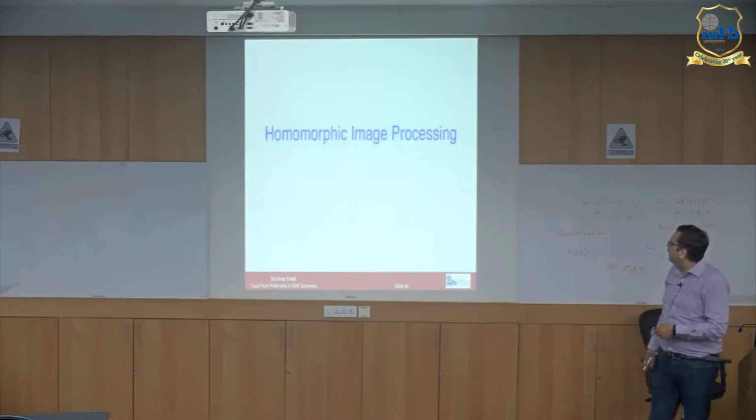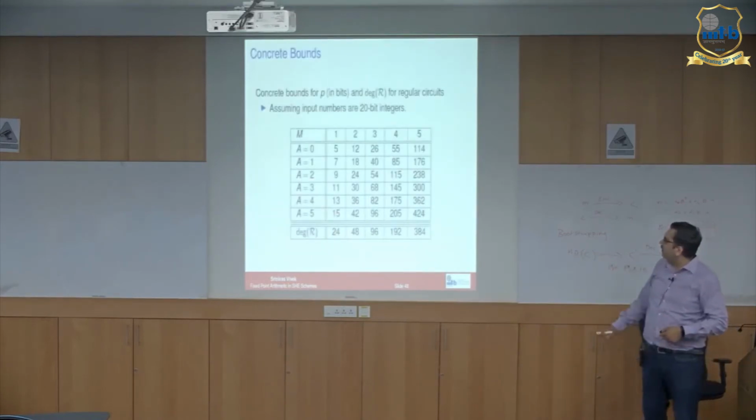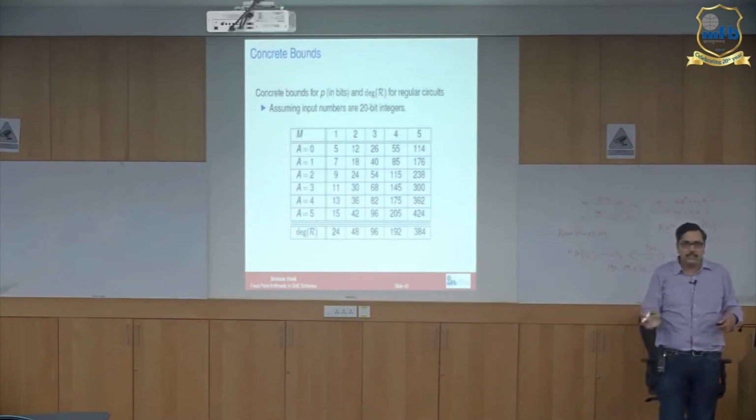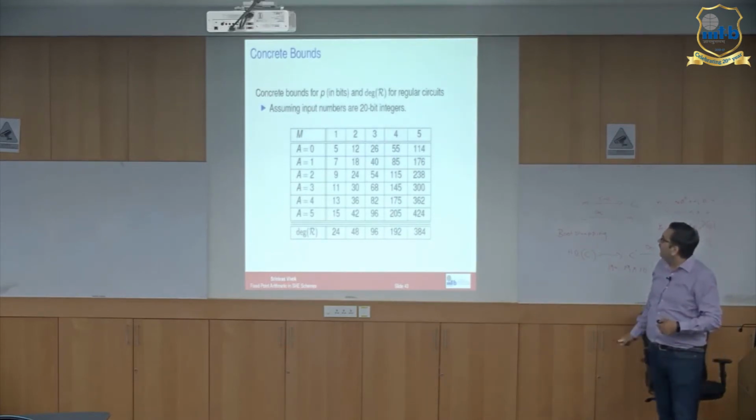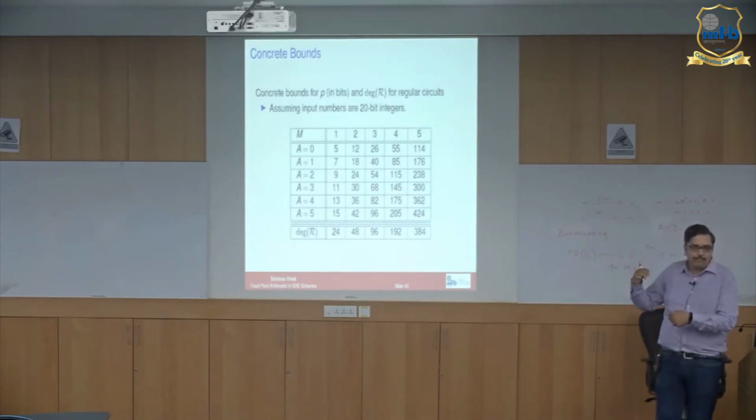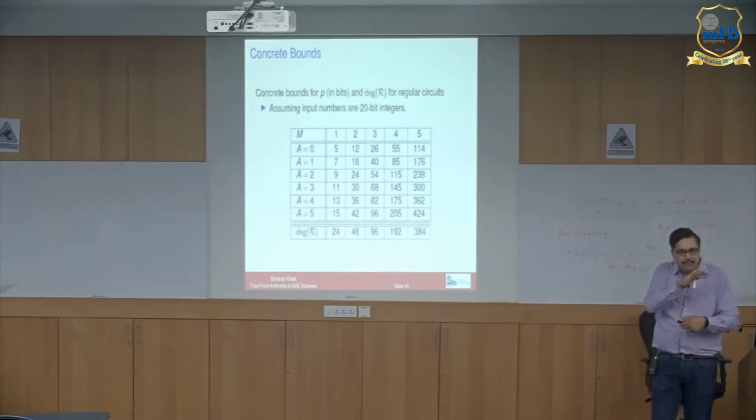Suppose you have a regular circuit. What is a regular circuit? You have a layer of addition gates and then a layer of multiplication gates, so an alternating layer of addition and multiplication gates. Even if the inputs are 20-bit integers, suppose you have a multiplicative depth of 5, meaning 5 layers of multiplication, and in between each layer of multiplication you have a layer of addition gates.